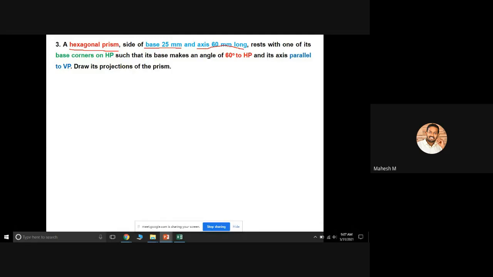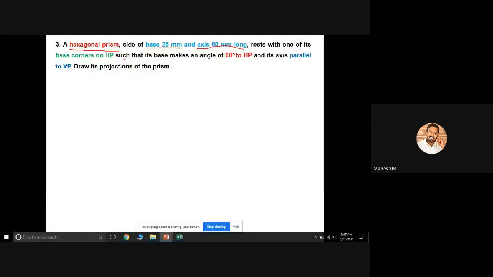So now you have to look at whether the hexagonal shape will come in front view or in top view. Okay. So your next condition is to check whether the hexagon shape will come in front view or top view. For that, reading the next words is enough.